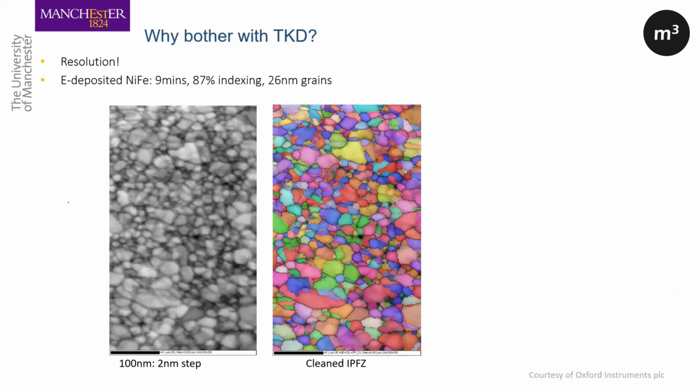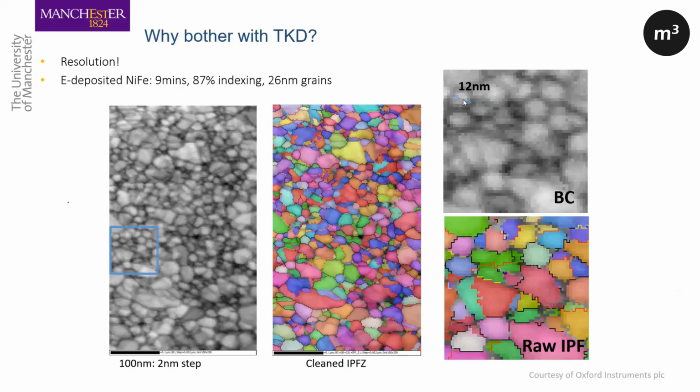So if you don't need the resolution, you shouldn't really use this technique, because it is much more elaborate. But here, for example, is a nickel sample, which is done at 2 nanometer step size. This scale bar is 100 nanometers. And you can see zoomed in here, we've indexed and identified 12 nanometer grains.